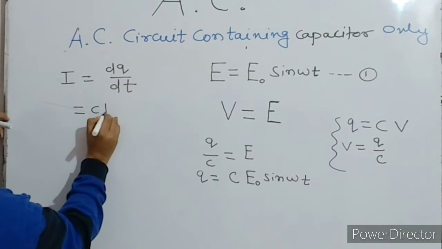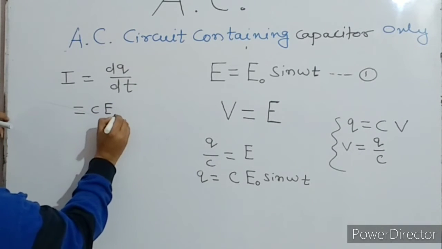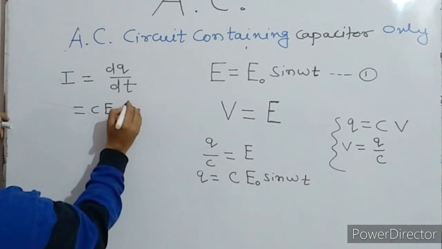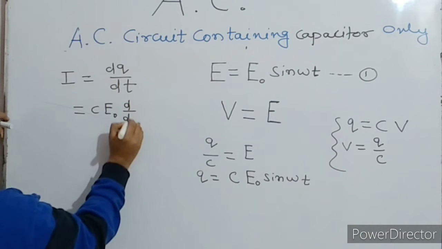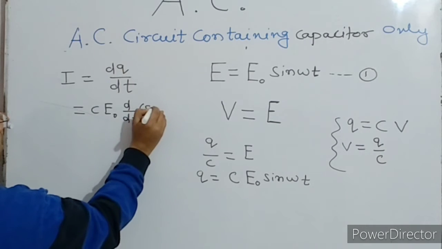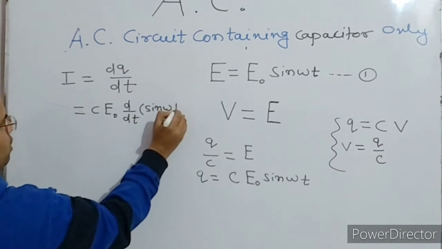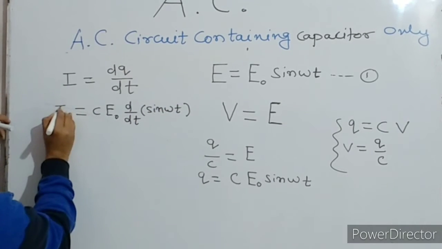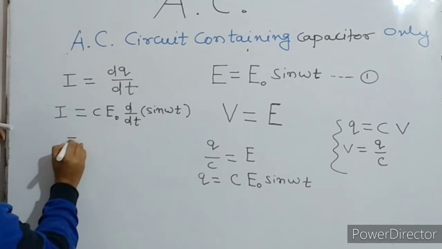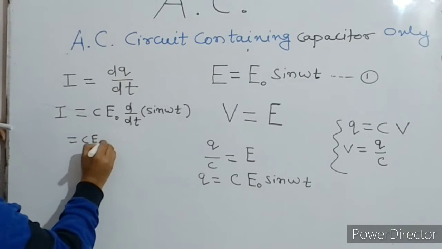CE naught is actually constant, and we differentiate sin omega t with respect to t. This is the current.